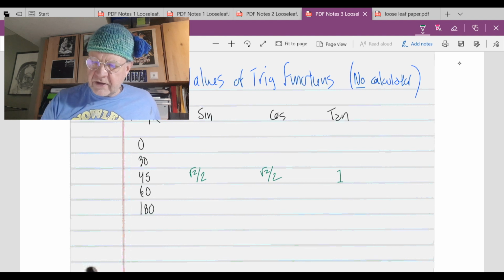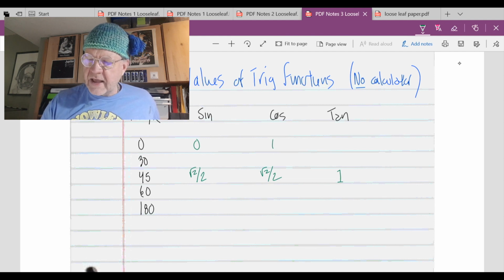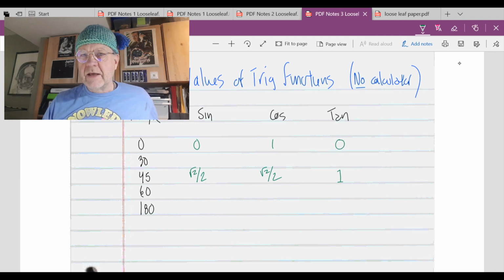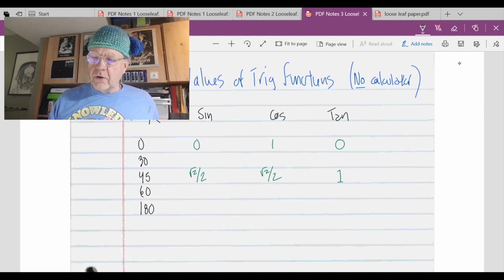For 0 degrees, sine theta equals 0. Cosine theta equals 1, and tangent of theta for 0 equals 0. And we begin filling in our table of values for exact values of trig functions without doing any high-level math, without needing your calculator.